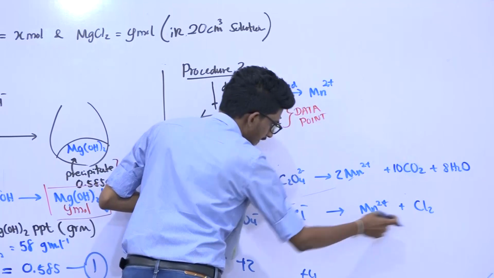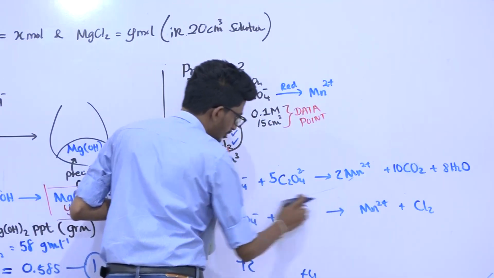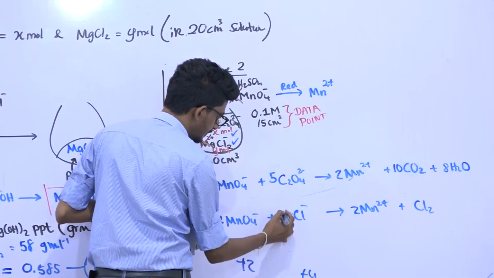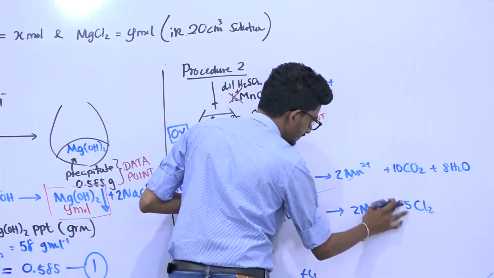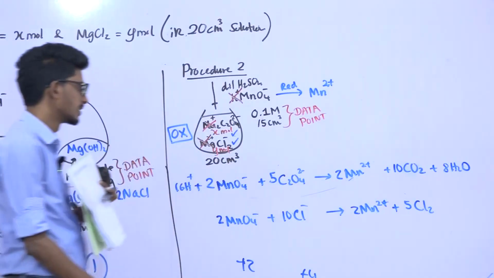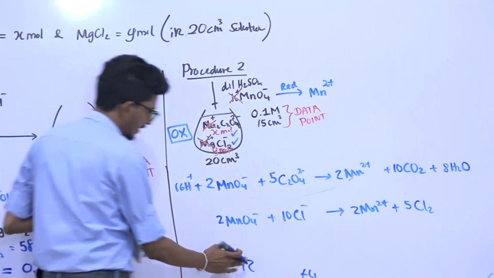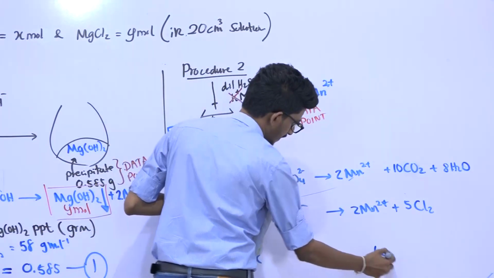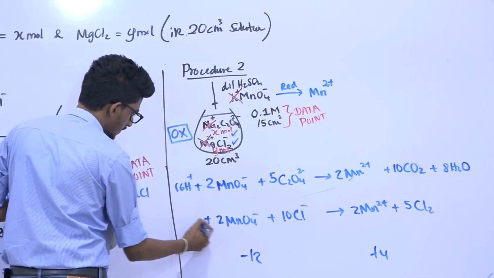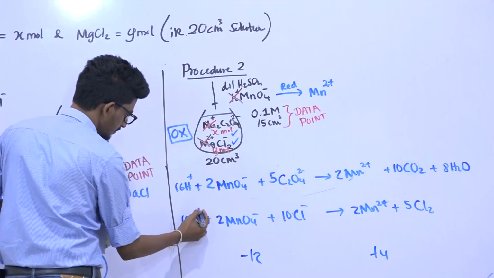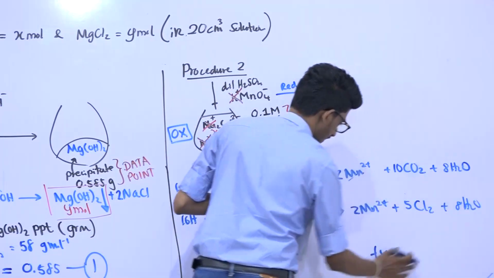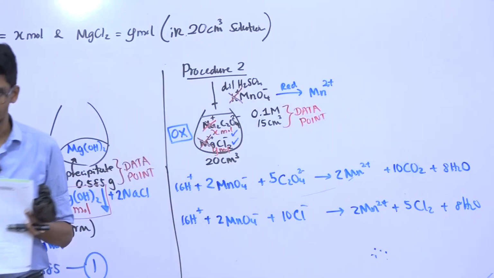You have 5 units of difference, you have 2 units of difference, so 2 here, 5 here. Then minus 2 minus 12 is there. Here plus 4, again 16, and 8 H2O. We are done with the chemical equations.